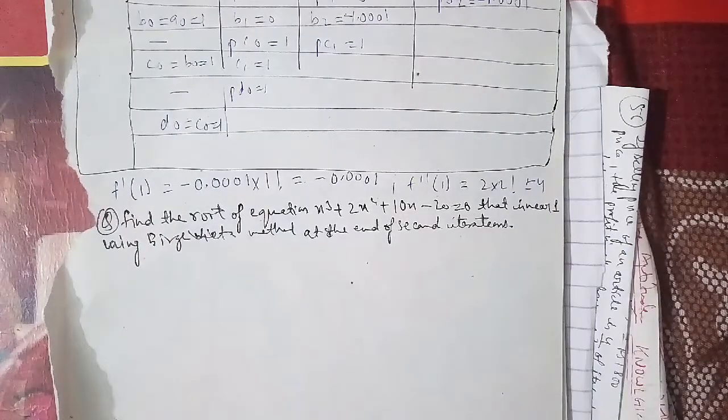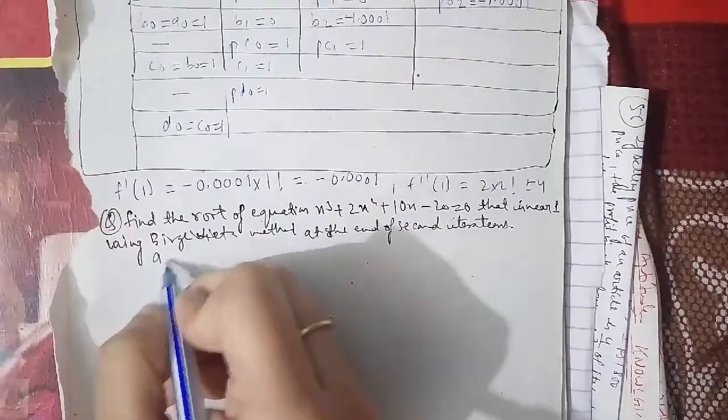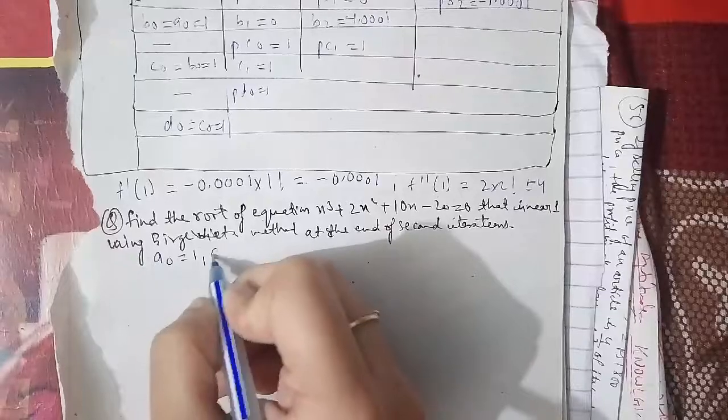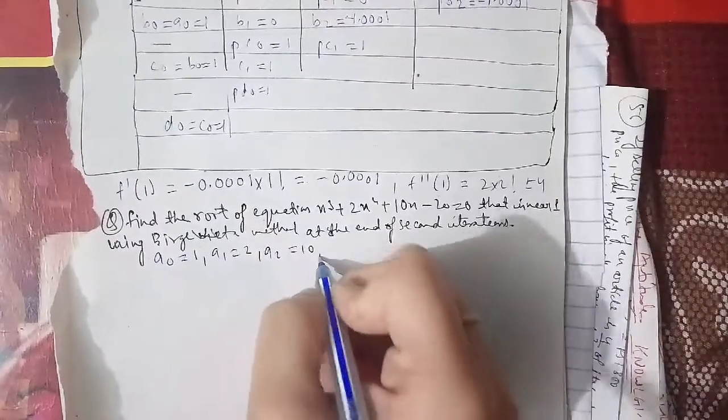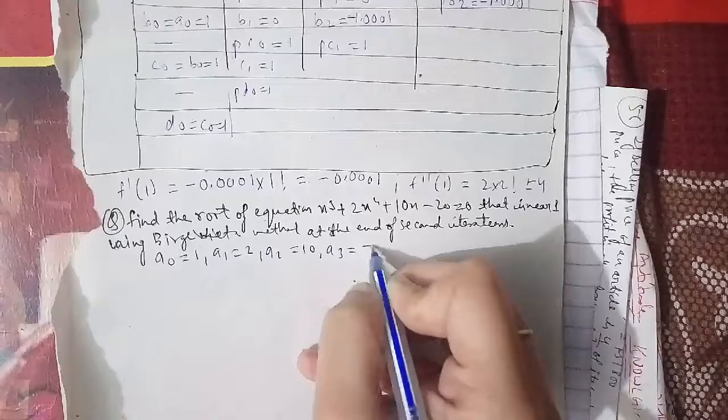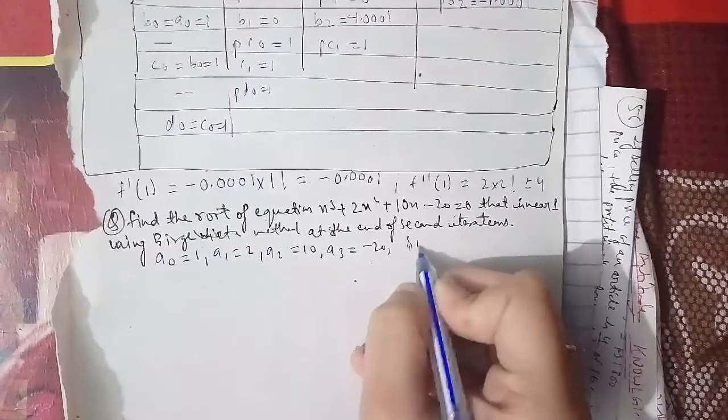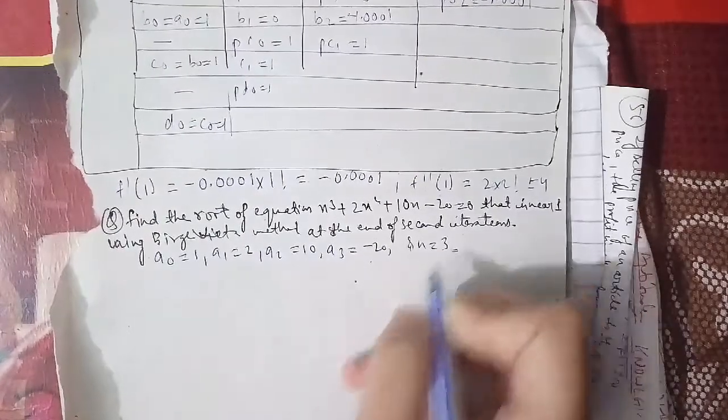So with the same, we go ahead further. The coefficients of the polynomial are a0 equals 1, a1 equals 2, a2 equals 10, a3 equals minus 20, and n equals 3 here.